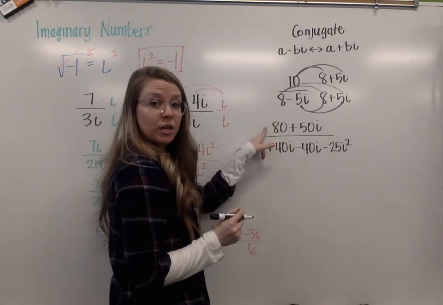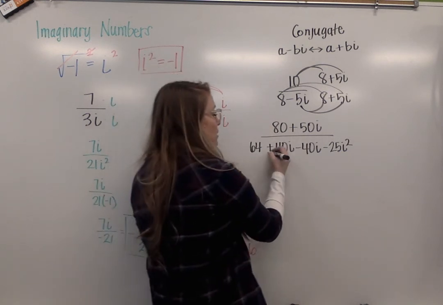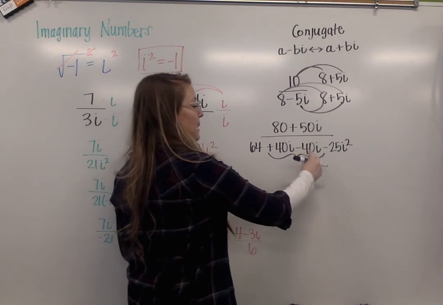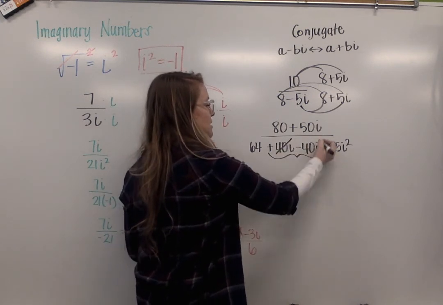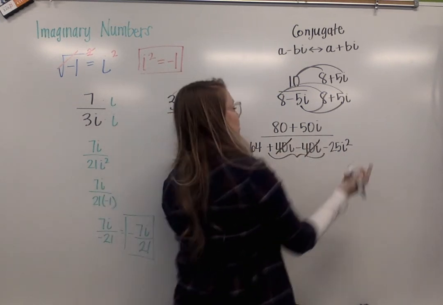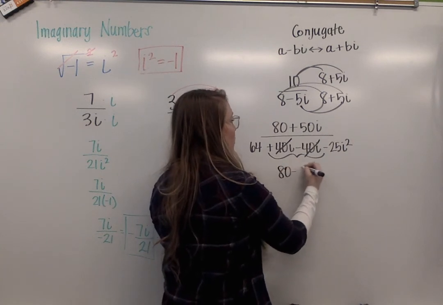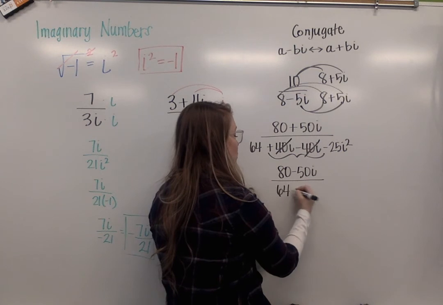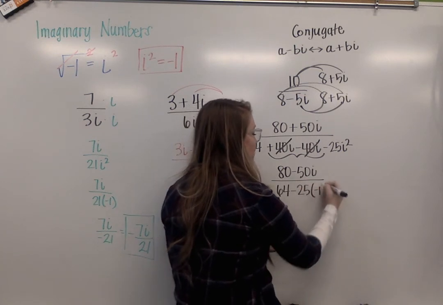The numerator is pretty good, but here in the denominator, I've got like terms in the middle. 40i minus 40i, well, that's 0. And then I'm going to make my substitution for my i squared. That's going to be 64 minus 25 times negative 1.